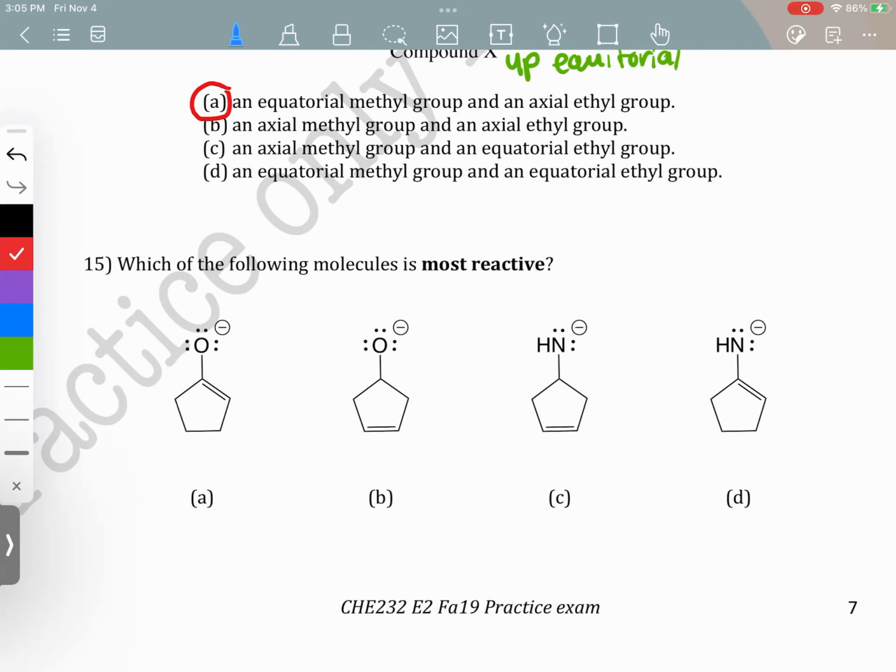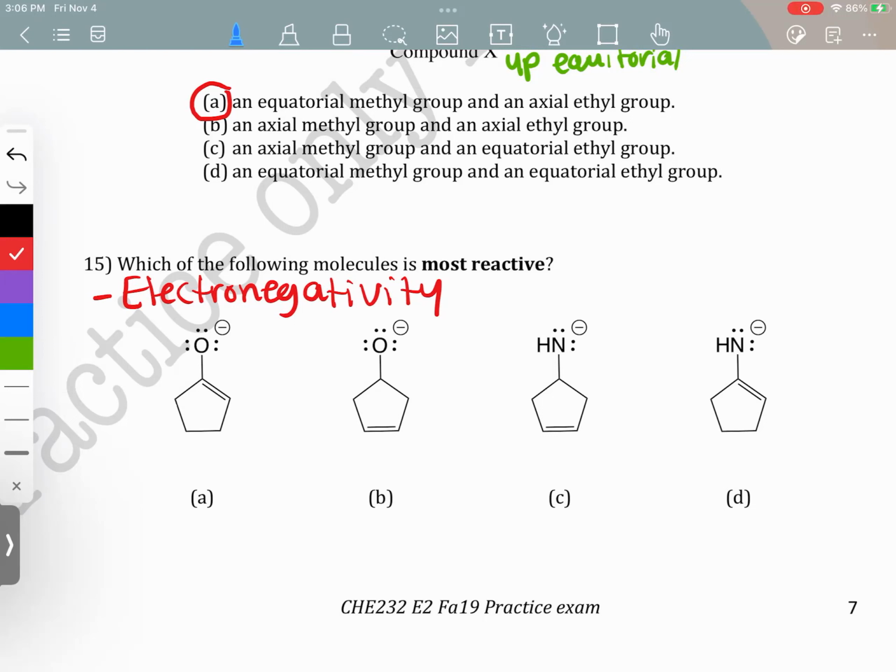Next question. Which of the following molecules is most reactive? So what do you think we have to pay attention to in this question? It's electronegativity. Definitely electronegativity. And what else do you think? Because we do notice what else about these molecules?